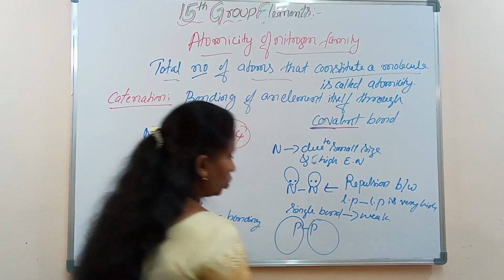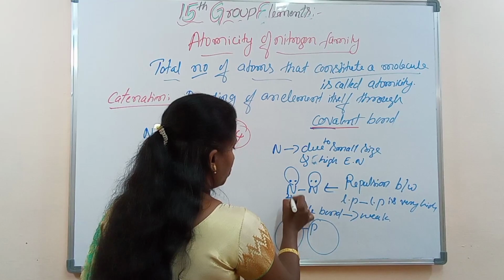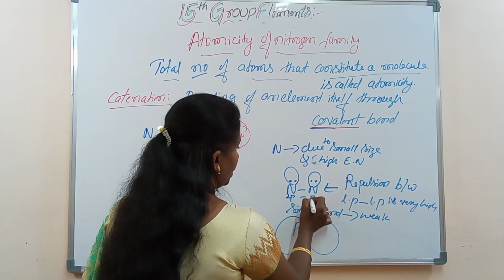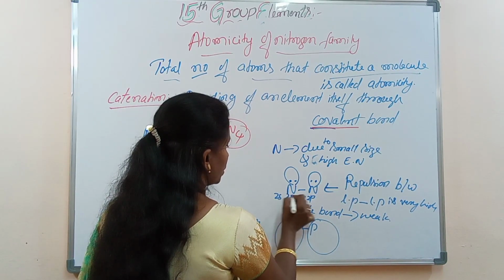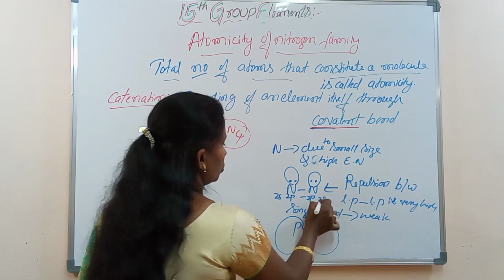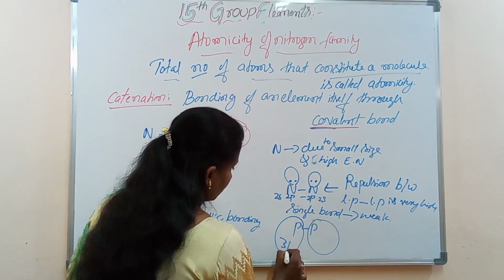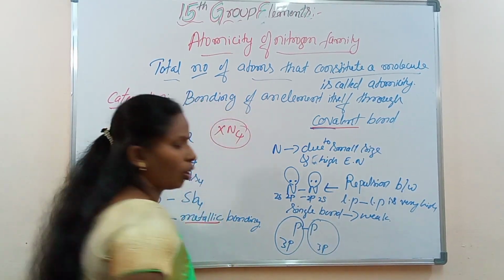The atom is so much larger. Here this is 2p and 2s, and here 3p orbitals.